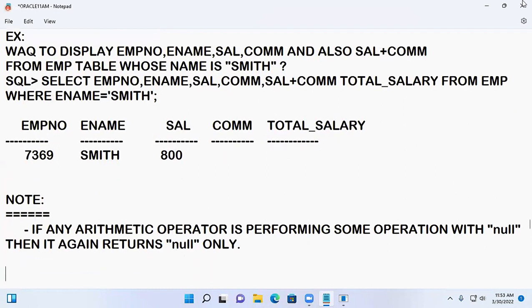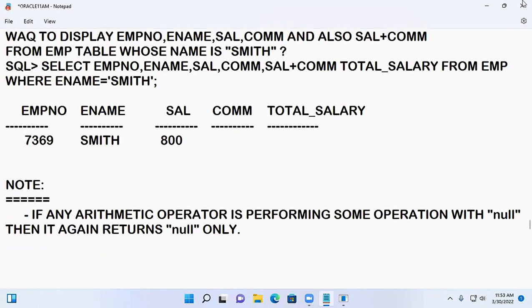So this is actually the problem. If any arithmetic operator performs some operation with null, then it again returns null only.